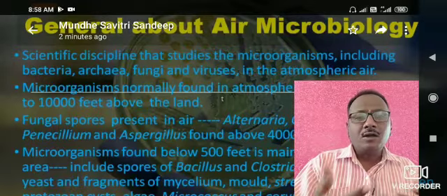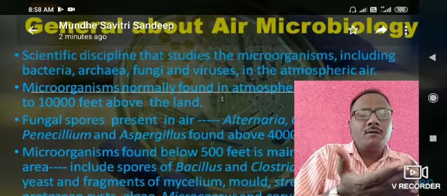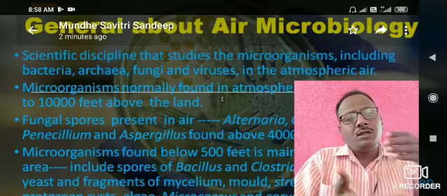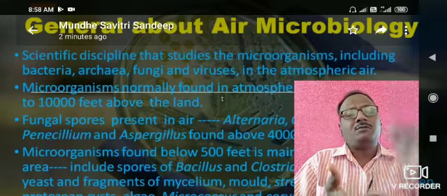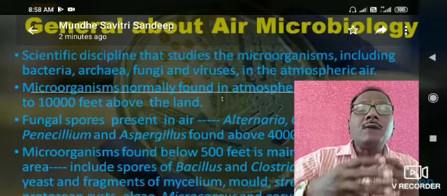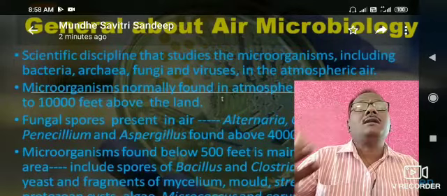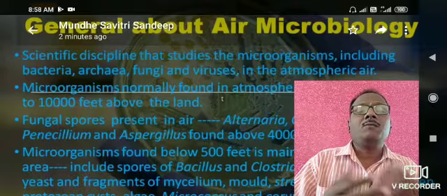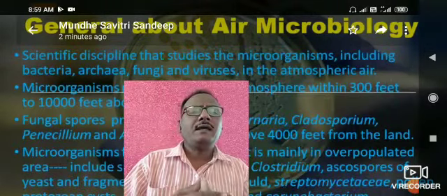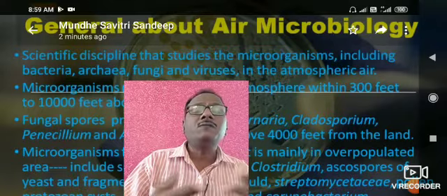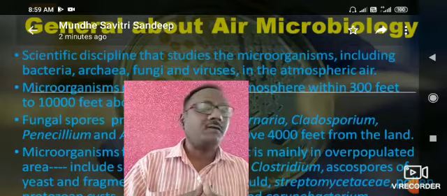On the surface of the earth, up to thousands of kilometers, these microorganisms are spread. The spores of these microorganisms are spread, especially Penicillium, Aspergillus, Alternaria, Cladosporium. These fungal spores are spread above 4,000 feet from the land.